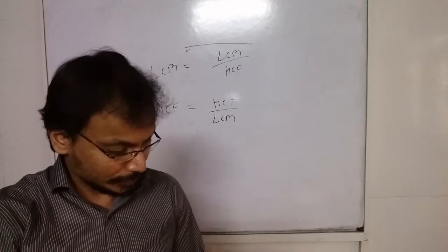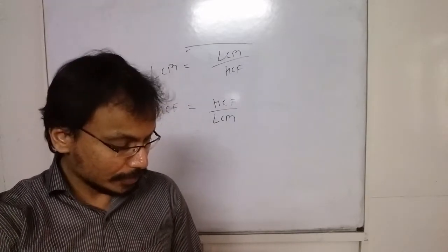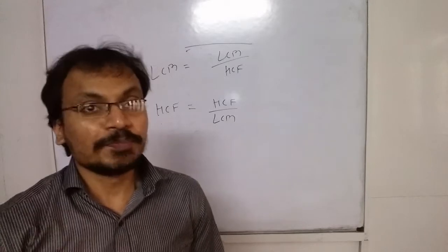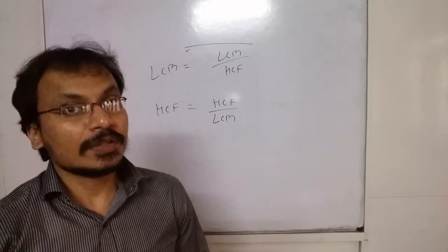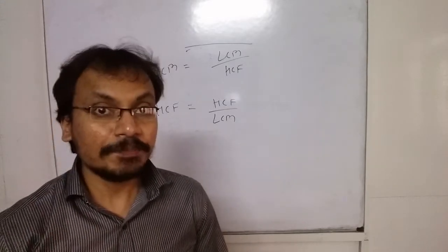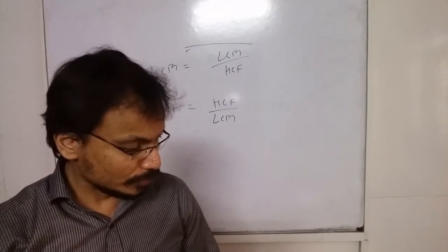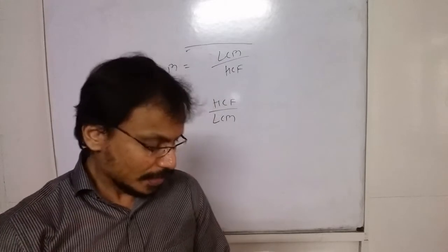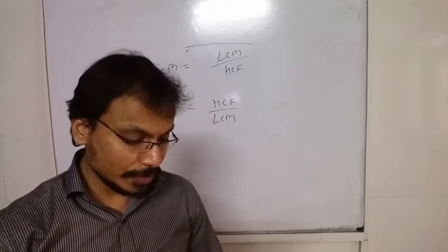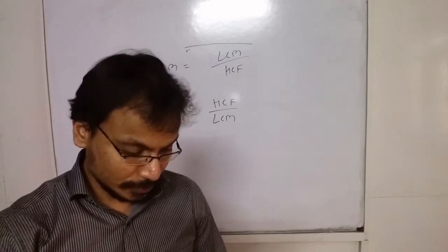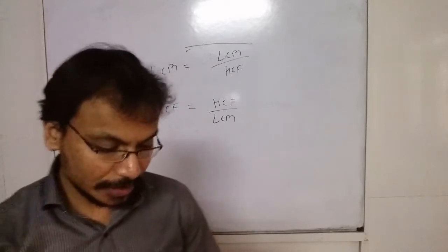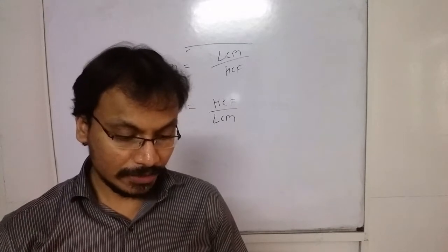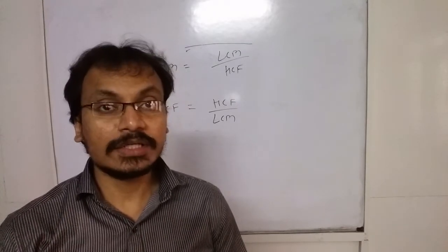Now in the next question we are going to take up HCF also. So first of all start solving the questions related to LCM. We are going to give you more questions for which you can calculate the LCM, and after that we will be moving on to HCF. So one question that I have, calculate the LCM of 12, 15, 20 and 27.